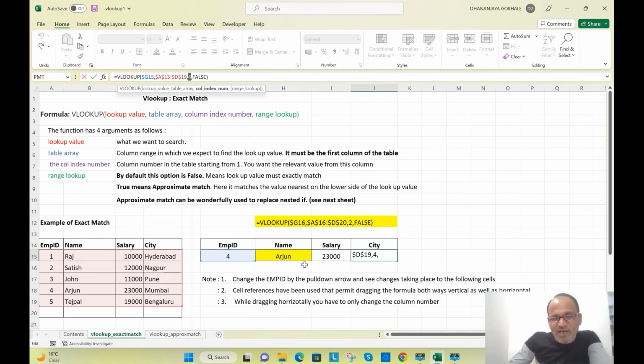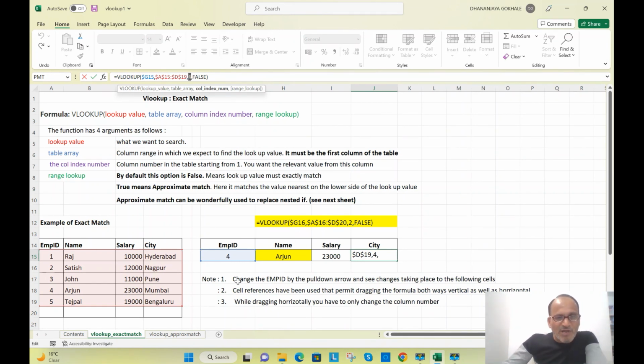Here it's only one, but in case we had several records, we could drag the formula down, so we have written $G16. I'm not going to explain it here. Those of you who don't understand this, please go back and see my previous videos where I have explained cell references.